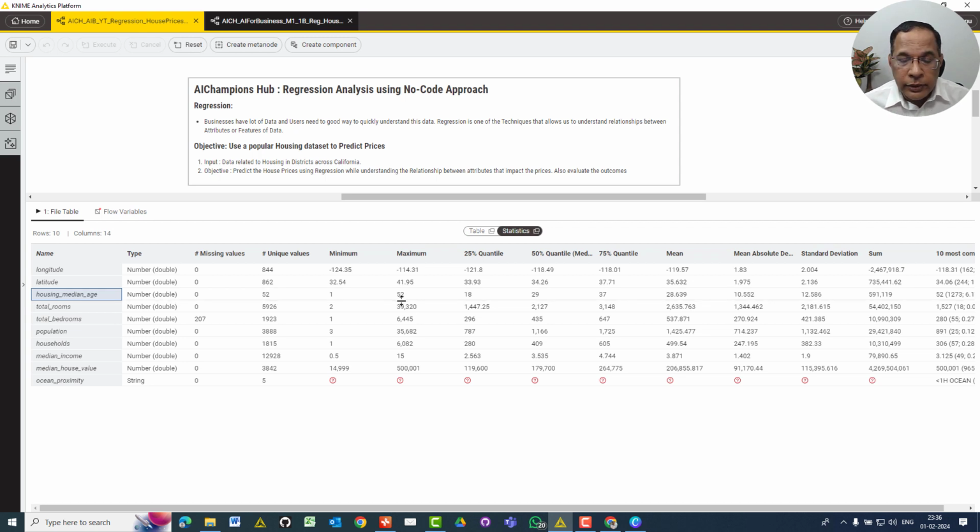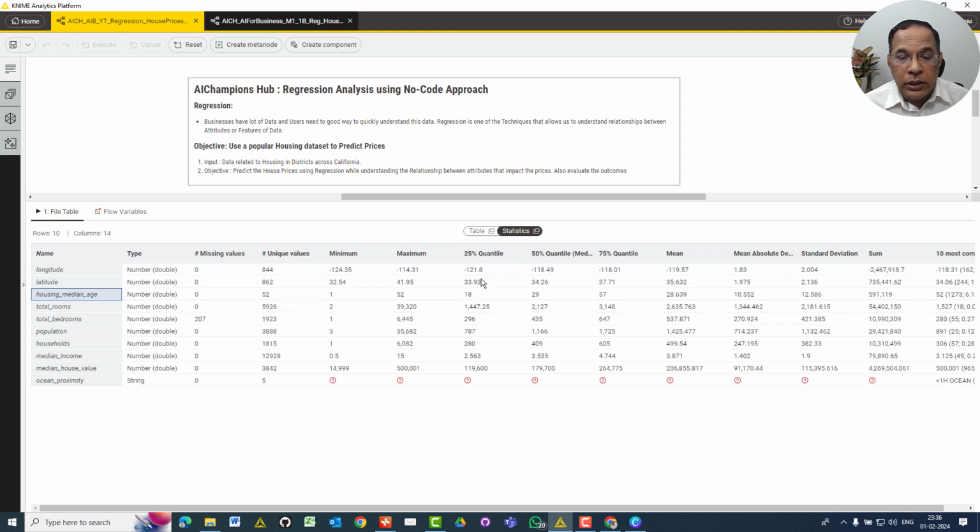Now the quantiles tell me quickly how many of the values are falling below a given percentage, right? The 25% quantile means, in this case, for example, that 25% of my age values are falling below 18.